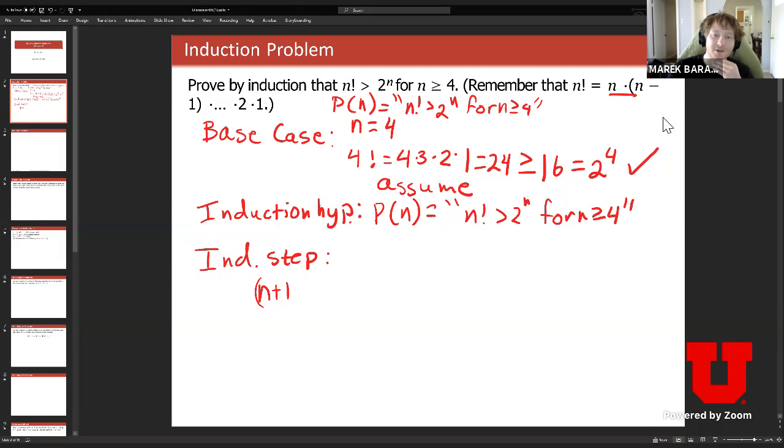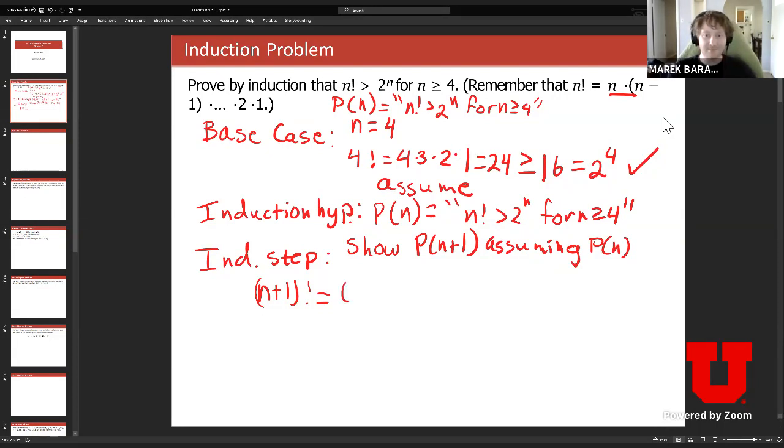Oh, yeah. So we need to do that. We need to first write what we're doing. So we're showing P of n plus 1, assuming P of n. So you're doing this for P of n plus 1, right? Yeah. Okay. So you have n plus 1 factorial, and then you write this out. It is equal to n factorial times n plus 1.